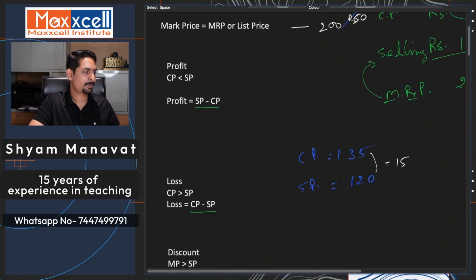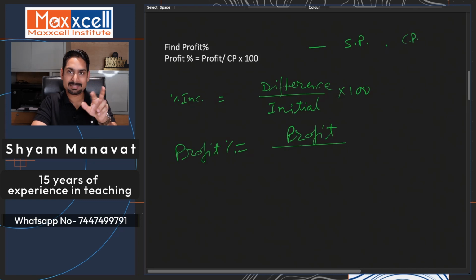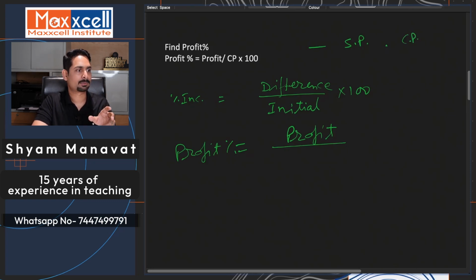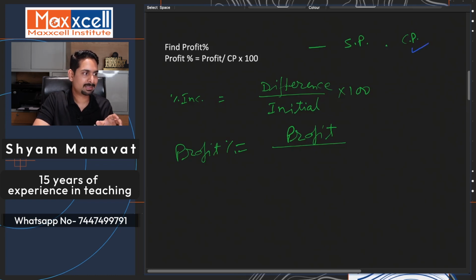So this is a comparison of cost price and selling price. Which price is the initial price between selling price and cost price? Of course, cost price. What is the formula of percentage increase? Difference by initial into 100.